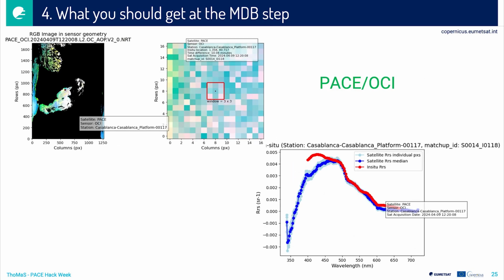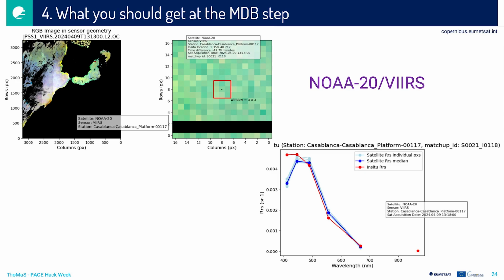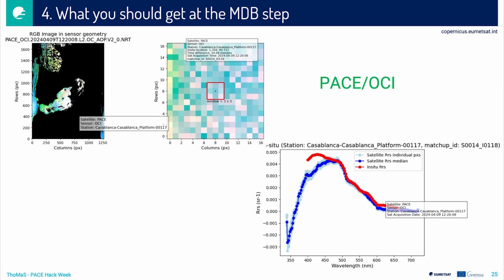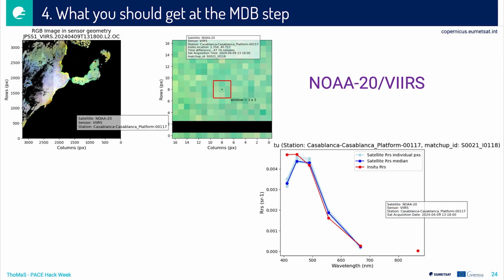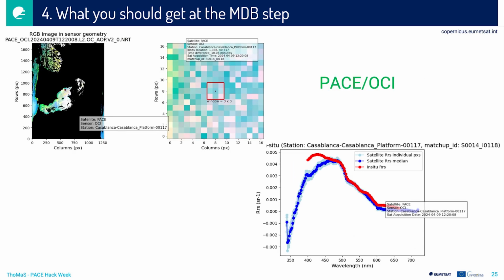This is the same in situ, and the red spectrum is the in situ, and the blue is the median of the extraction window, with this shade of cyan, I don't know how to call it, being the individual pixels of the extraction window. And of course here the in situ is convolved or band-shifted to the VIIRS bands, which are few here, and this is the case of PACE, which has a lot, and it's matching pretty nicely in this region of the spectrum, as far as all the tests that I have run.